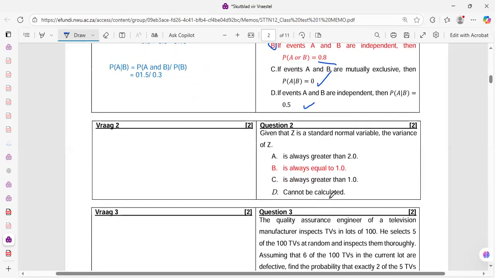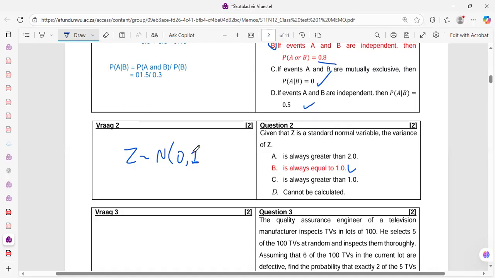Given that Z is a standard normal variable, the variance of Z is always equal to 0. Z is normally distributed with N of 0 and 1.